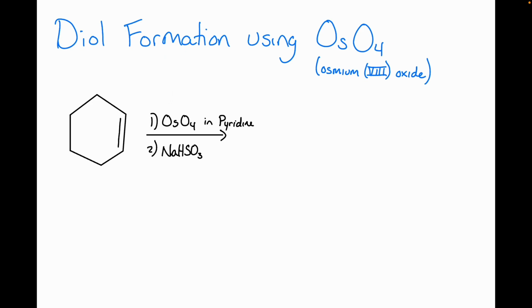Sodium bisulfite, something like that. Okay, everybody take a second and draw me my products here. We get a syn addition of these two OH groups. So what would that look like?